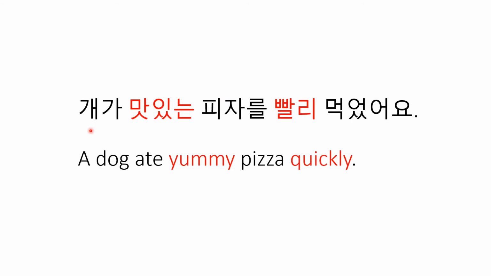Let's try one more sentence with modifiers. 개가 맛있는 피자를 빨리 먹었어요. 개가, a dog and a subject particle. 맛있는 피자를, yummy pizza and an object particle. 빨리 먹었어요, ate quickly. 맛있는 is modifying pizza. 빨리 is modifying 먹었어요.